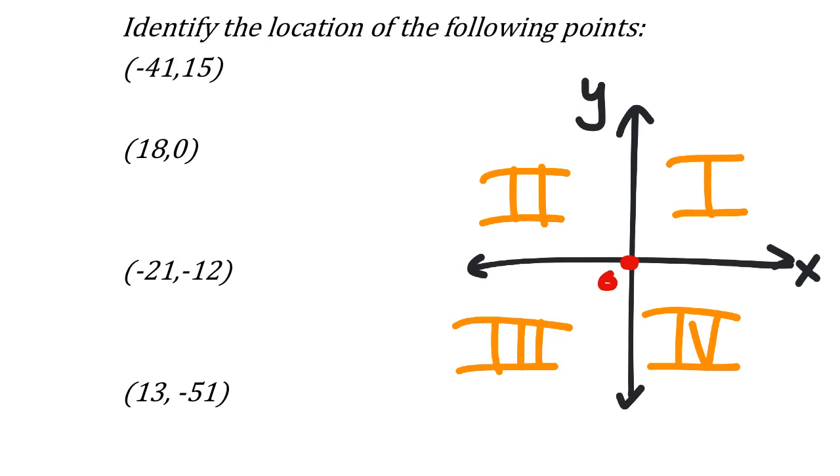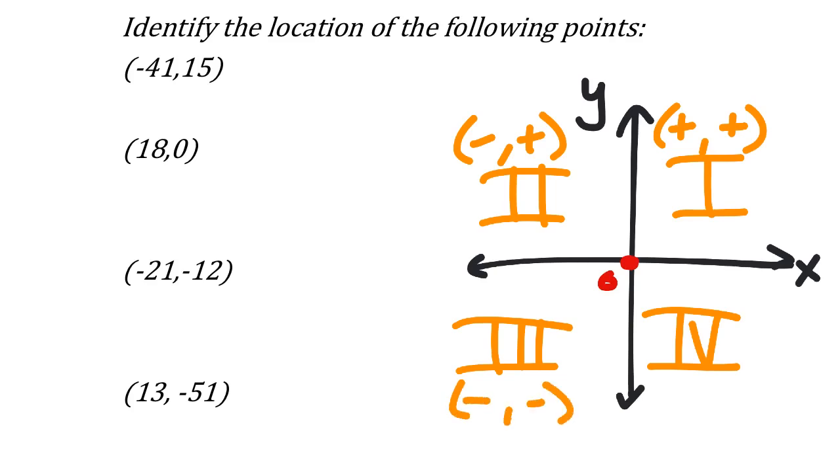Now, like I was telling you guys, in ordered pairs, quadrant 1 has x values that are positive and y values also that are positive. Quadrant 2 has x values that are negative and y values that are positive. Quadrant 3 has negative x values and negative y values. Quadrant 4 has x values that are positive and y values that are negative.